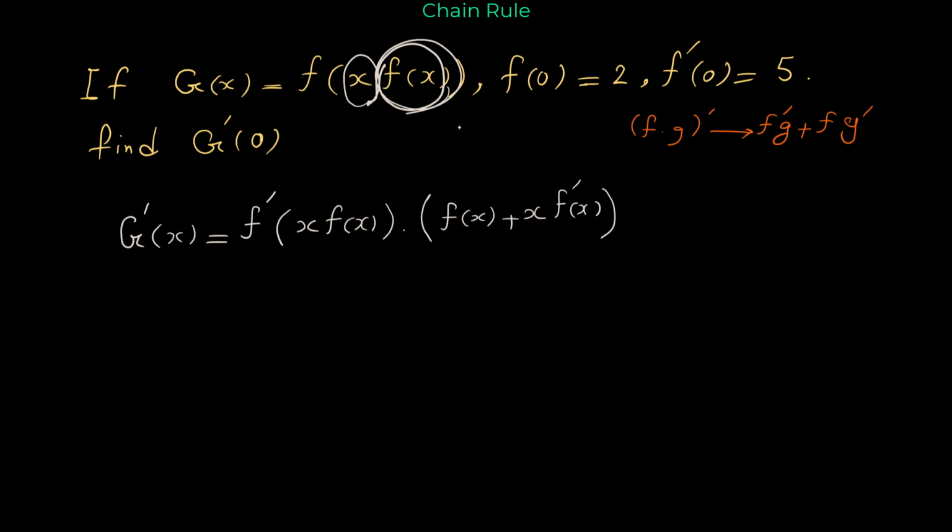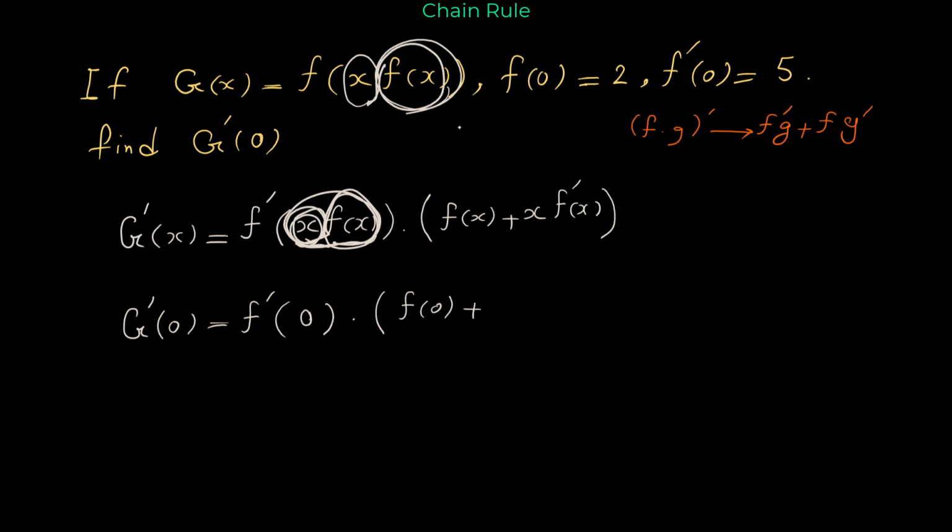Now we have to substitute 0 for x. So g prime of 0 equals f prime of, if we plug in 0 for x, here we have 0 times f of 0. 0 times f of 0 is 0 because x is 0. So all of the bracket is 0. Times by f of 0 plus x is 0, so all of this is 0.